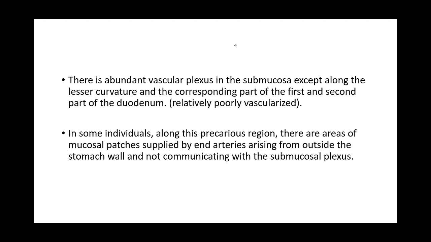Aside from these branches that highly vascularize the stomach, there is a vascular plexus in the submucosa of the stomach. And this vascular plexus is precarious in some areas. What areas? The lesser curvature and the first and second parts of the duodenum.